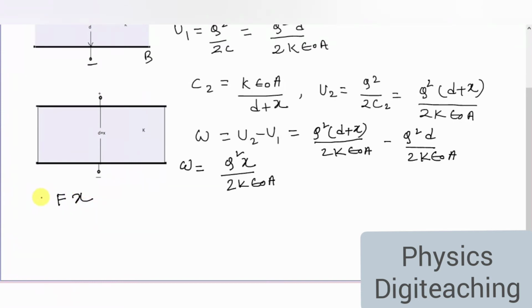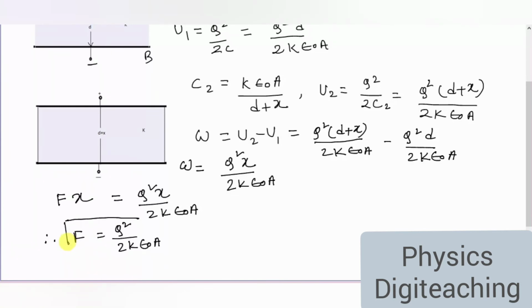Here x is the displacement of the two plates, therefore Fx equals Q square x by 2K epsilon naught A. Then we get the force F equals Q square by 2K epsilon naught A. This is the force.